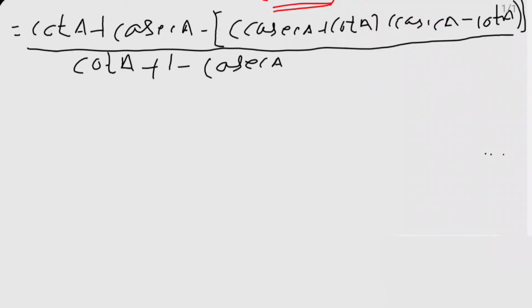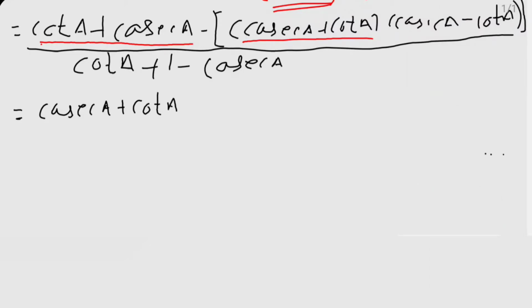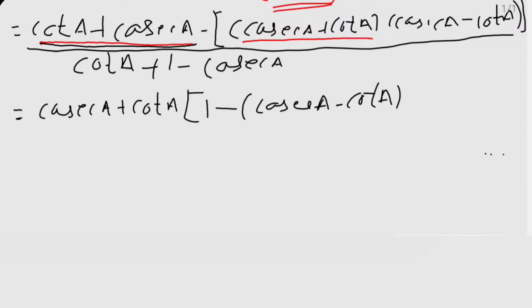Now observe here, here is cot A plus cosec A and here is also cot A plus cosec A. So cosec A plus cot A is common in these two terms, so take it outside. Write (cosec A plus cot A), and in a bracket the remaining terms: here remaining 1, and this minus as it is in a bracket (cosec A minus cot A), bracket complete.